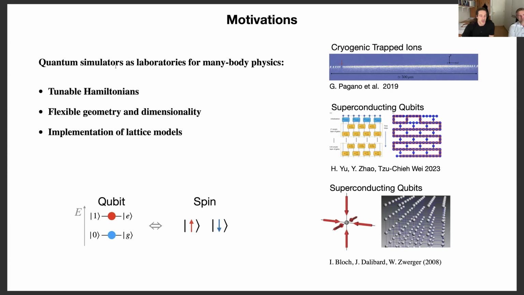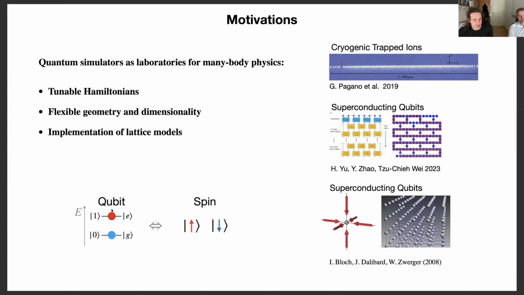This sounds a bit naive, but in this most simple setup, the basic element is a qubit, which is an atom with two levels that are coupled somehow.